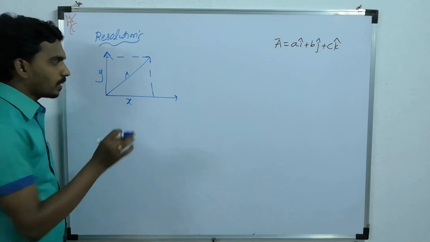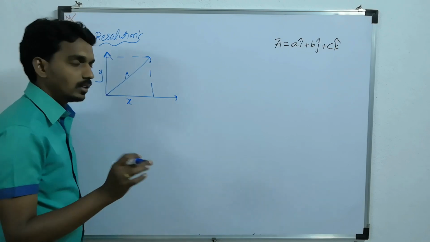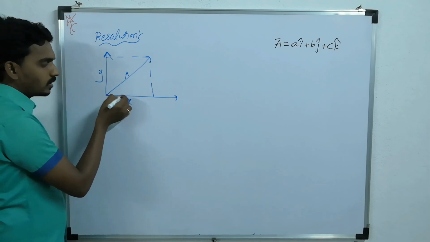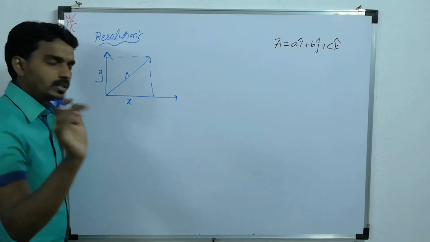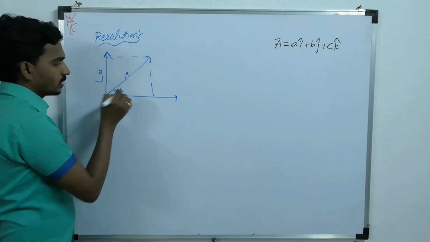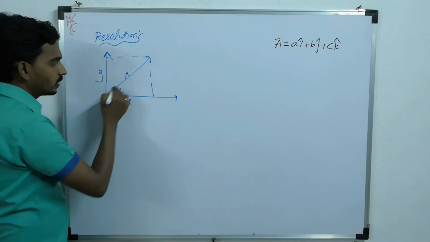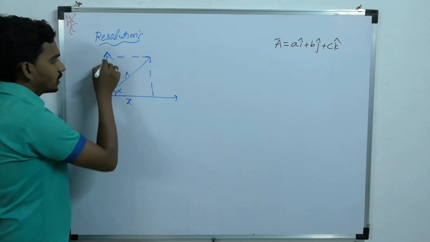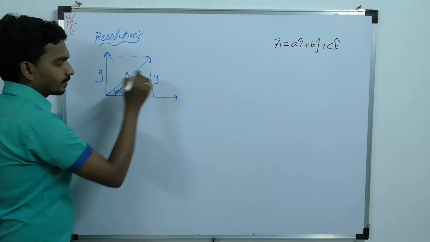That depends upon the angle. The vector makes some angle with either x or y. Suppose you know the angle alpha with the x-axis, then you take this right angle triangle. If this is y, this is also y.